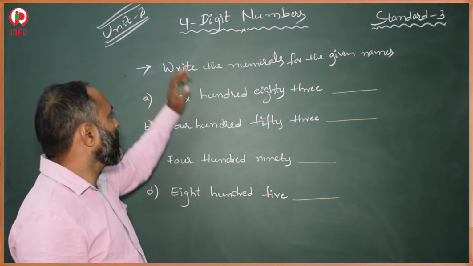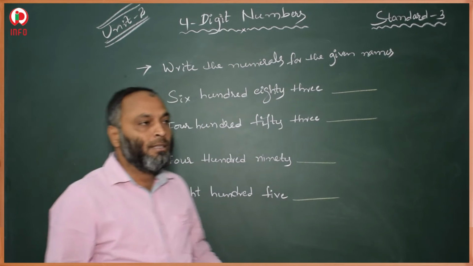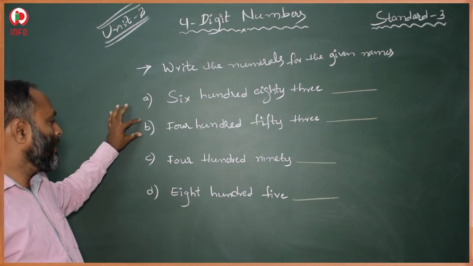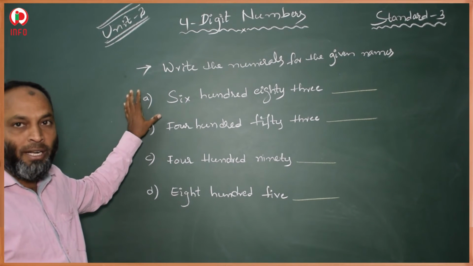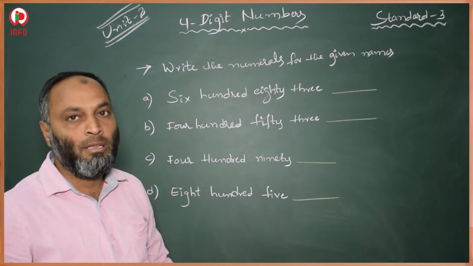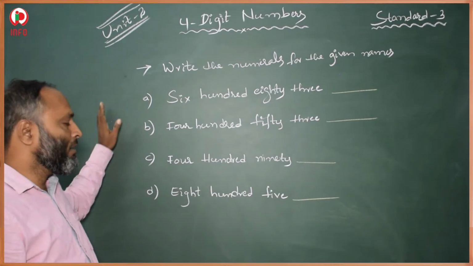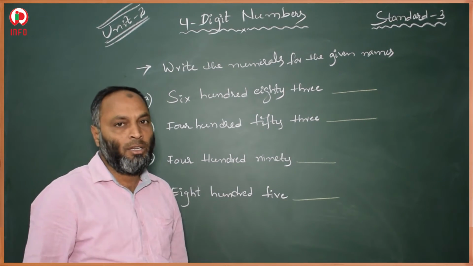Now dear students, listen. Write the numerals for the given names. Some names are given: A, B, C, D. We have to convert these names into numerals. Then how to convert? These are all recapitulated 3-digit numerals.